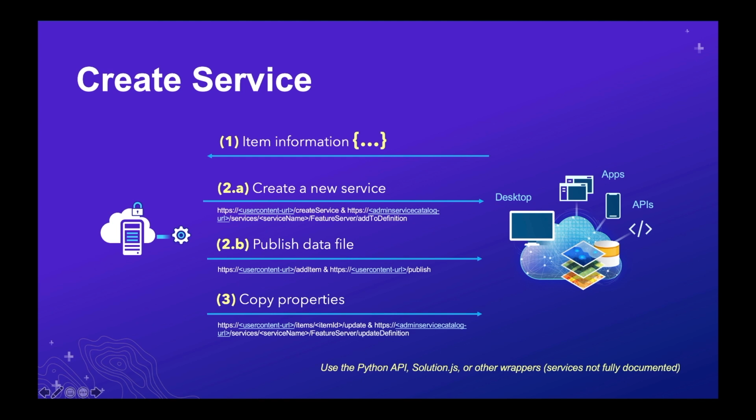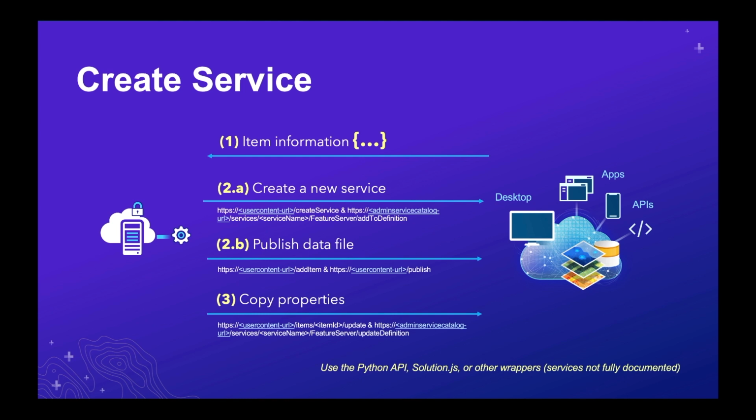One really important note here that I alluded to earlier is that these services, and especially the schema that's stored in these services and that you use to define the properties, is not documented. So understanding how to use that can be a little difficult.